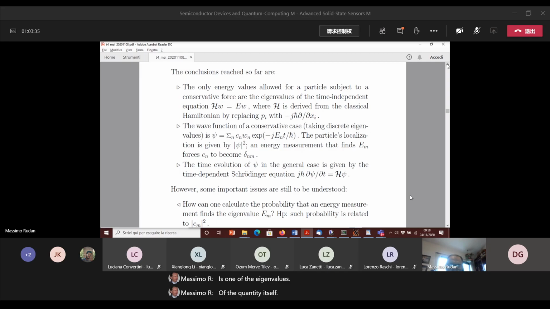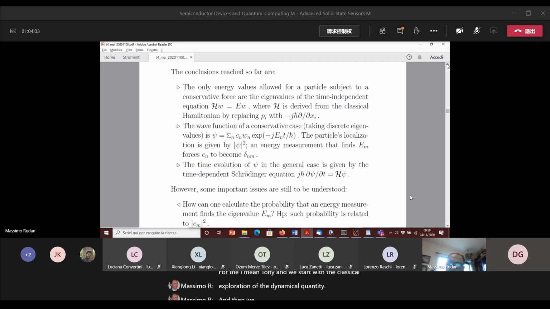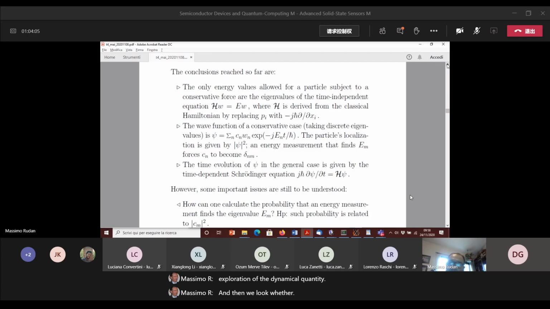The final question is, how do we find the form of the eigenvalue equation? Because in order to find the eigenvalue equation, we need an operator. And the answer is we proceed in the same way as we did for the Hamiltonian. We start with the classical expression of the dynamical quantity, and then we look whether in this expression there are the components of momentum.